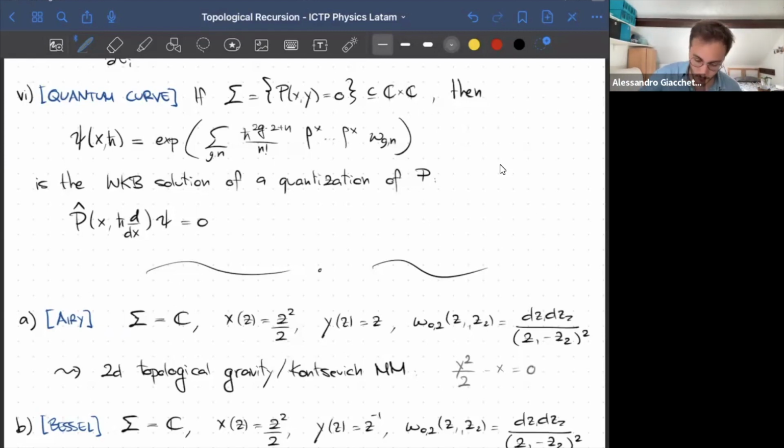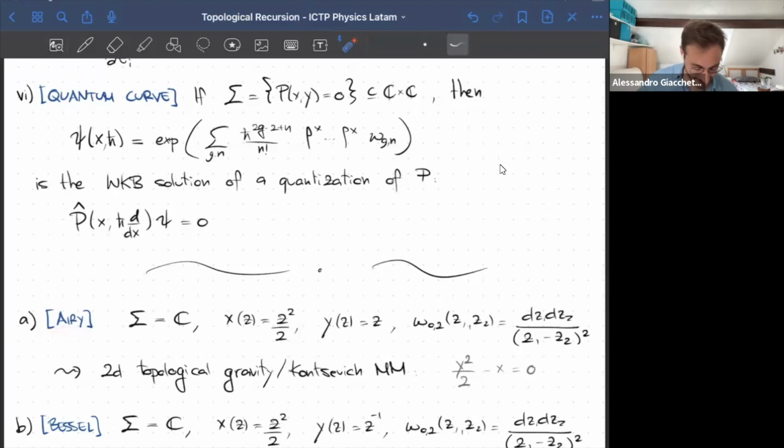If you take this as your P of x and y, and you quantize it in the sense that you substitute x with multiplication by x, and you substitute y with h bar d/dx, then the equation that you get out of this is exactly the Airy equation, which explains the name here.